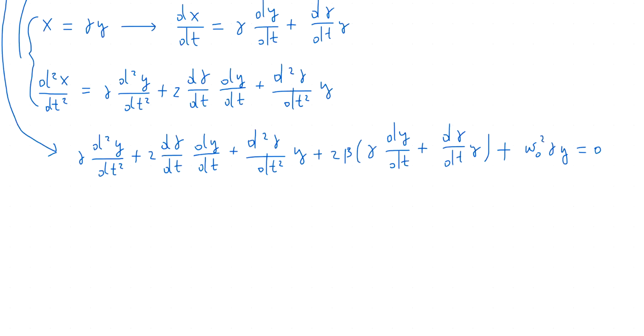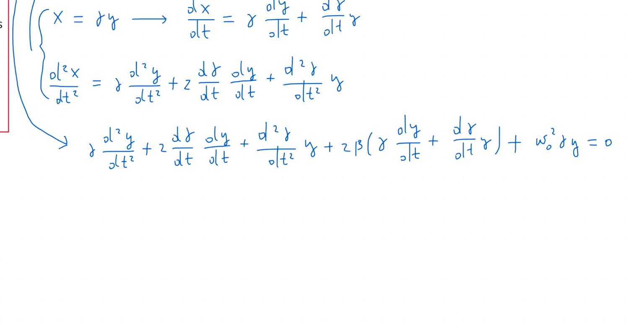And so to do this, let's transform this. Let's divide this by gamma and group similar terms.